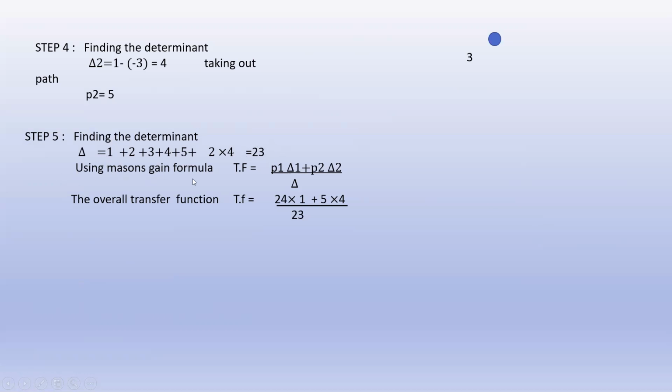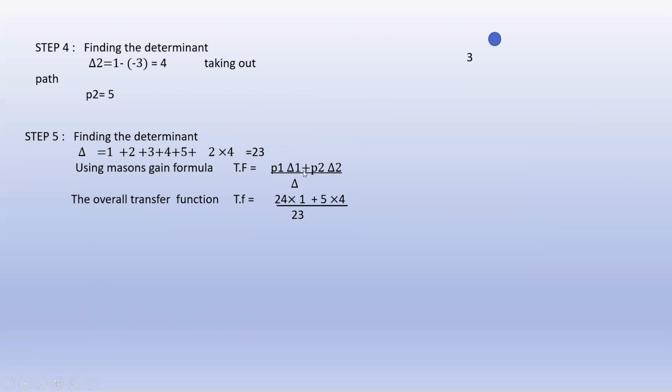So using this Mason's gain formula, that is the forward path gain into the corresponding determinant plus forward path gain into the corresponding determinant, divided by the determinant of the whole signal flow graph. If we do that, the first forward path gain is 24, that is the straight line.